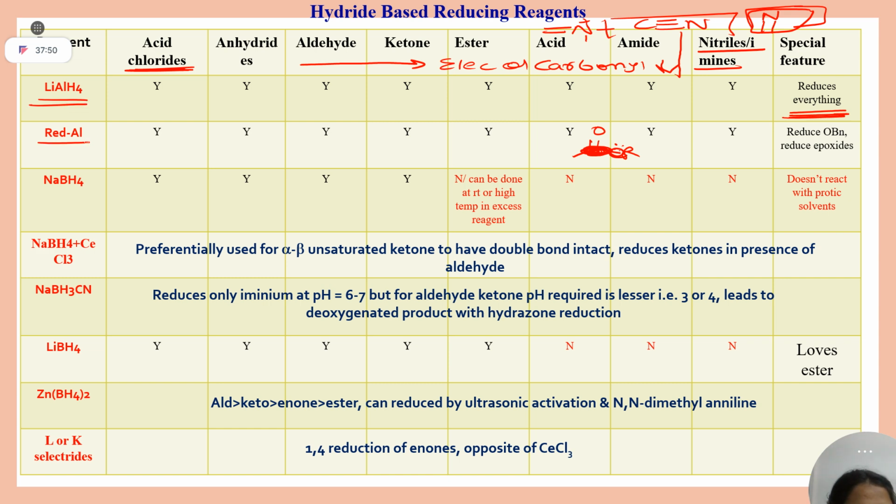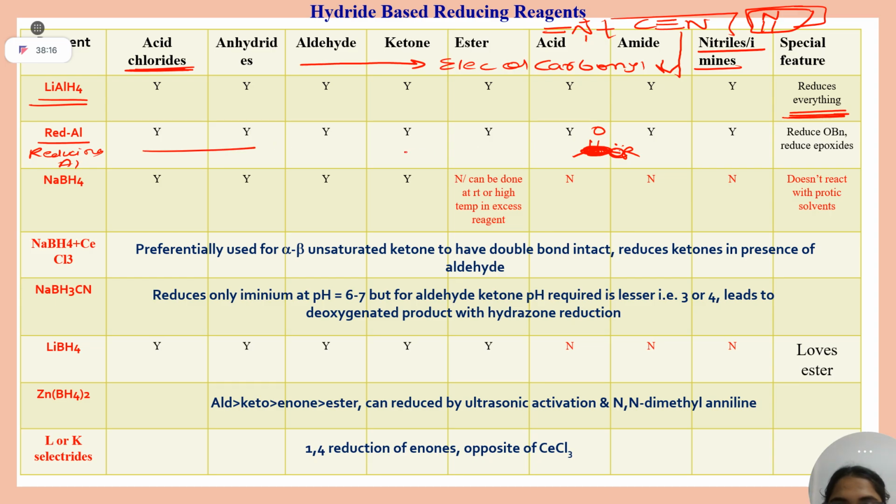Then comes Red-Al. Red-Al, you can see the reducing aluminium structure; all these things you can check in Sir's lecture. But for now, you should learn that I will ask you after ending this table, okay? LiAlH4 can reduce everything.